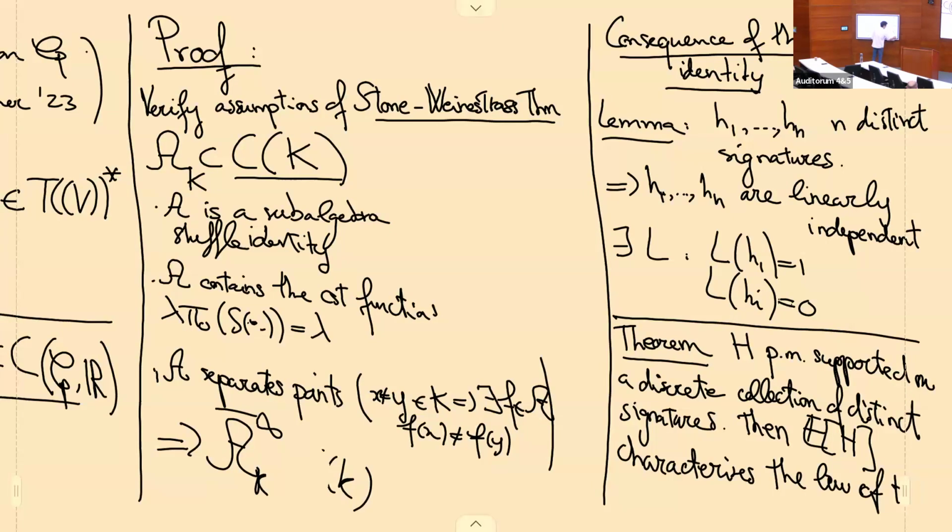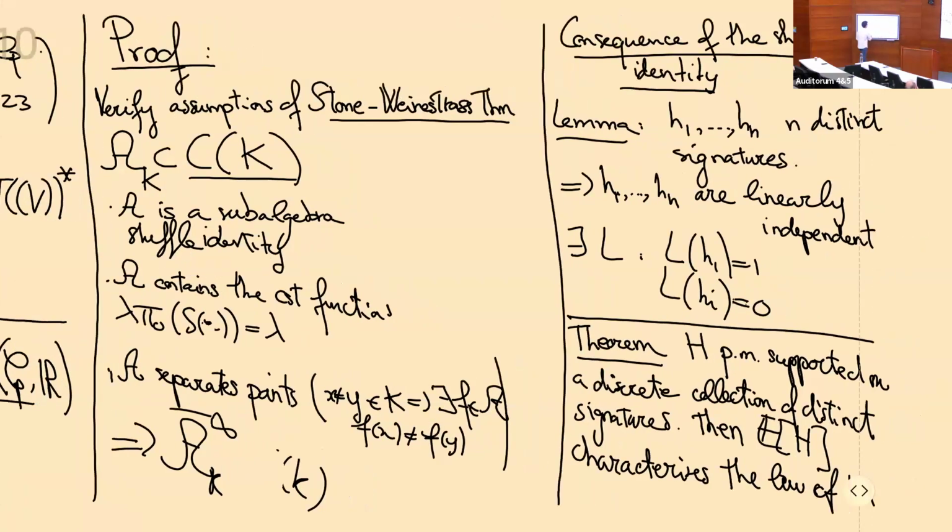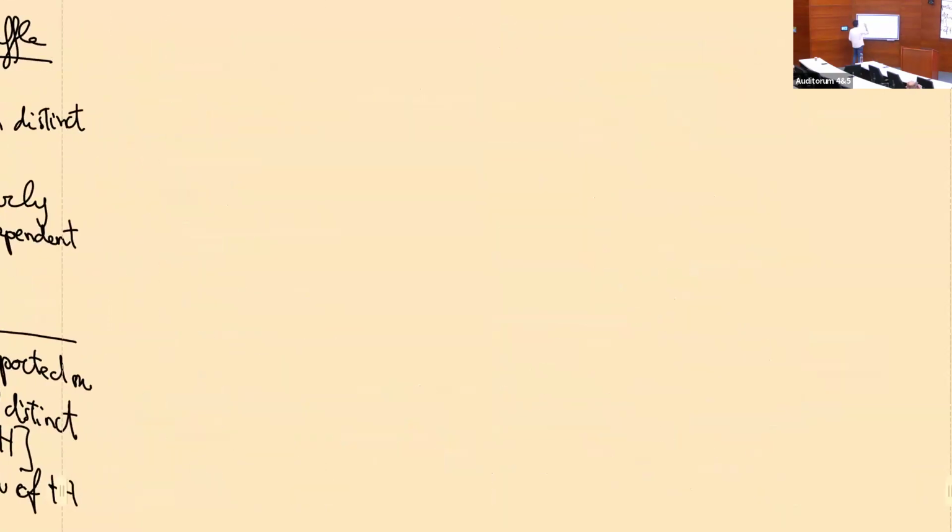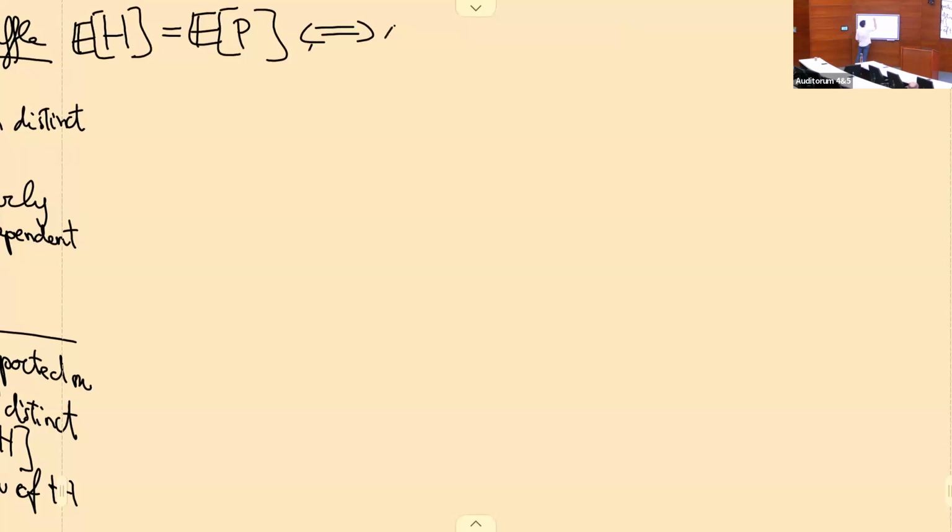So what do I mean by characterizing the law? I mean that if you have two such probability measures, H and P, and you take the expectation of both, then this is equivalent to their laws being equal.